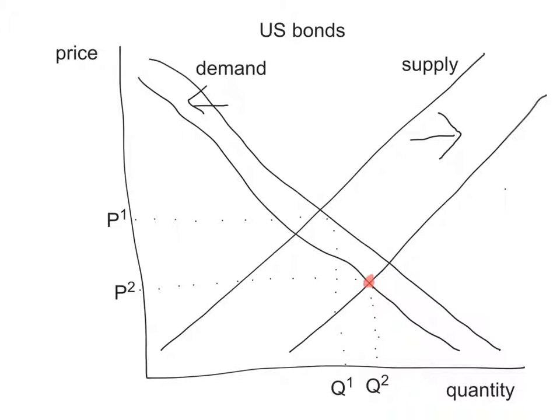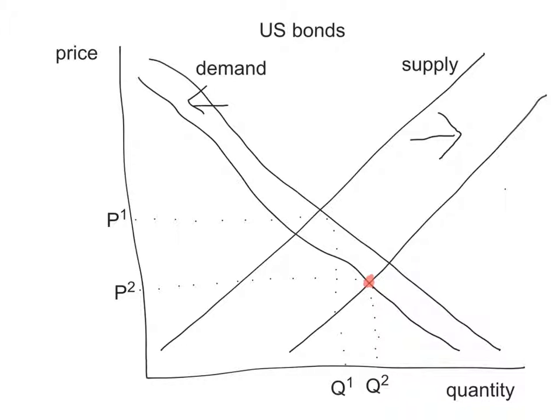So you notice the approach. You set up a demand and supply diagram with a demand curve and a supply curve and an initial equilibrium point with an initial equilibrium P for the bonds and initial equilibrium Q for the bonds. Then you read the story carefully and apply what it says to the demand curve and the supply curve.